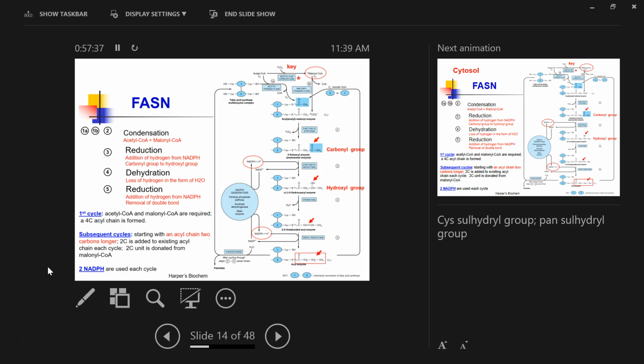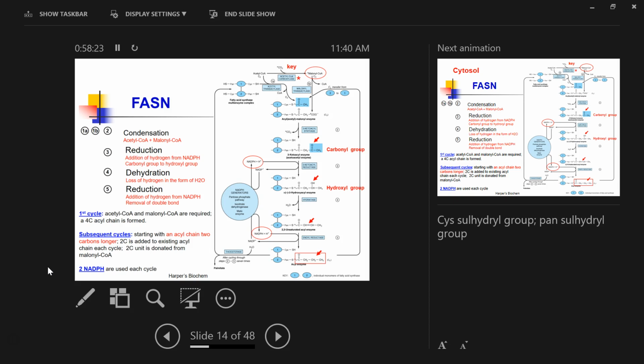Next, the loss of water, forming the double bond, so an unsaturated acyl group attached to the enzyme, also at the pantetheine site. Lastly, an additional reduction reaction, also requiring NADPH, adds a proton to remove the double bond and forms the 4-carbon acyl group attached to the enzyme.